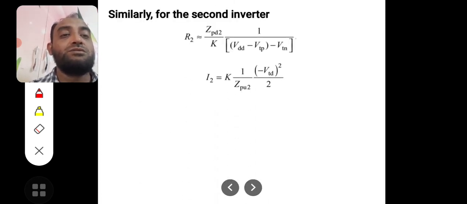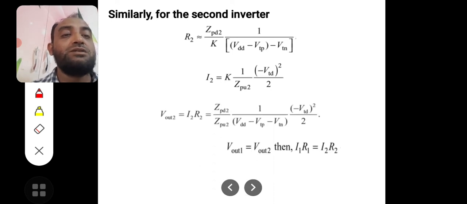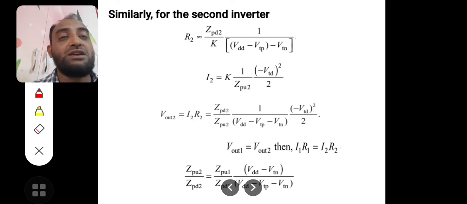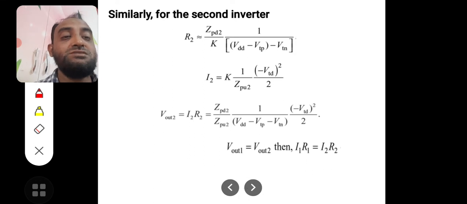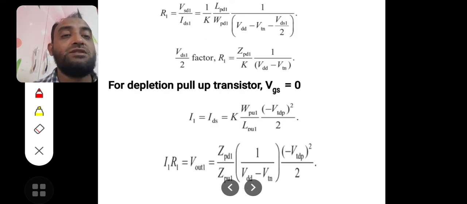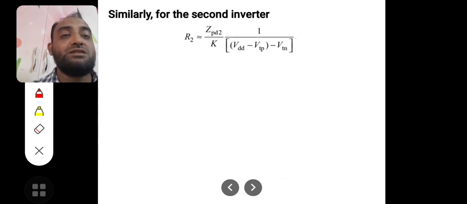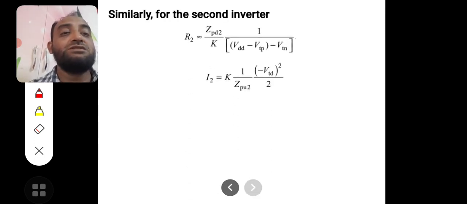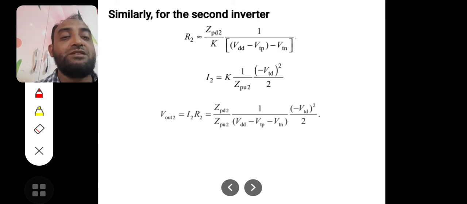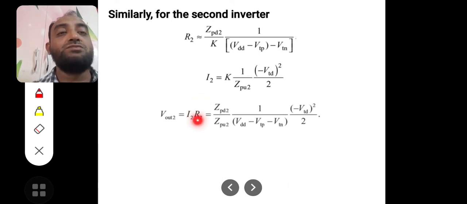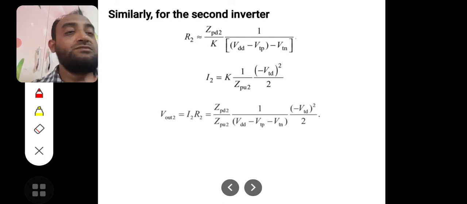This is output 1. That output has to be applied as input to the second inverter. So this is output 1, and this should be given to the second inverter. When this is driving the second inverter, Vout2 will be I2R2, where R2 we will get like this, as we did with the previous case.